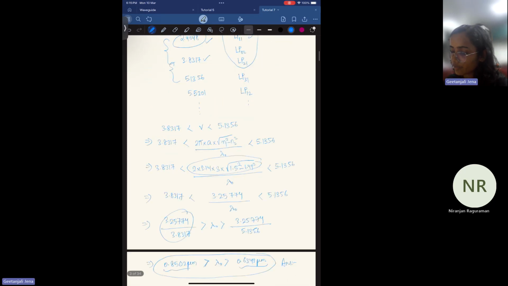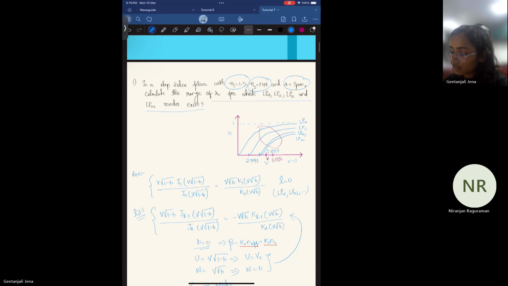So here in the graph also you can see the step index fiber can't allow guiding of three modes, because LP01 is always guided inside the fiber. LP11 will be guided when V is greater than 2.4048.